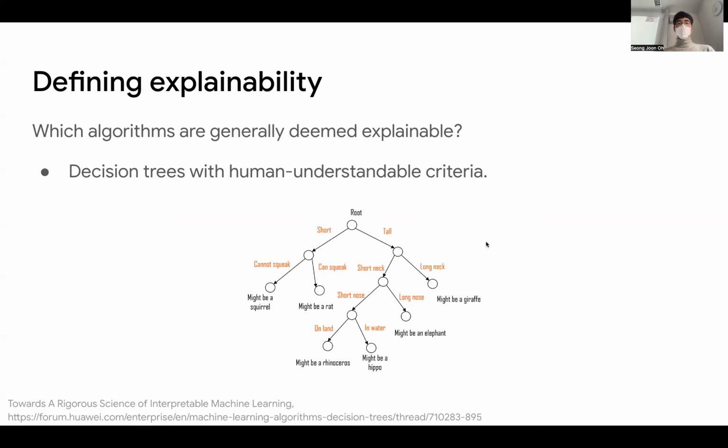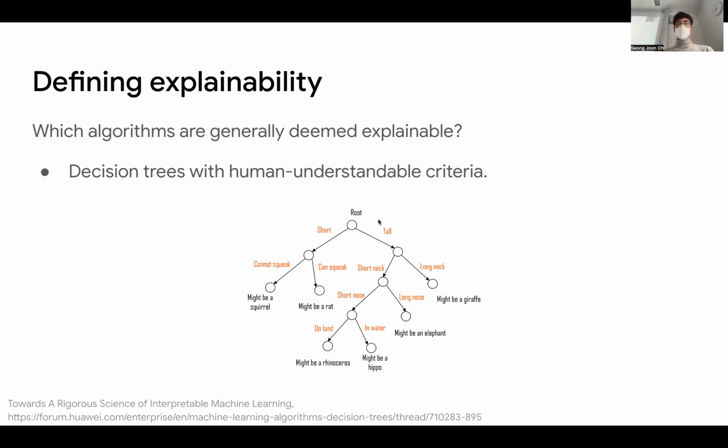The other one is decision trees. We can start from the root node, and then depending on certain features at a time, we find the child node, and eventually reach the final decision of what kind of animal breed it is.